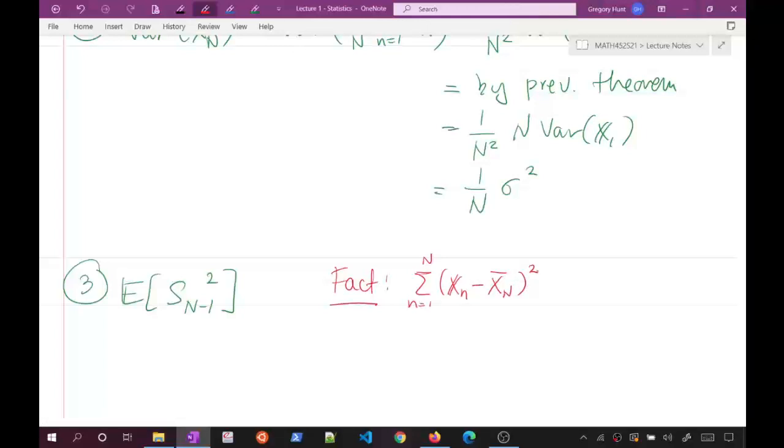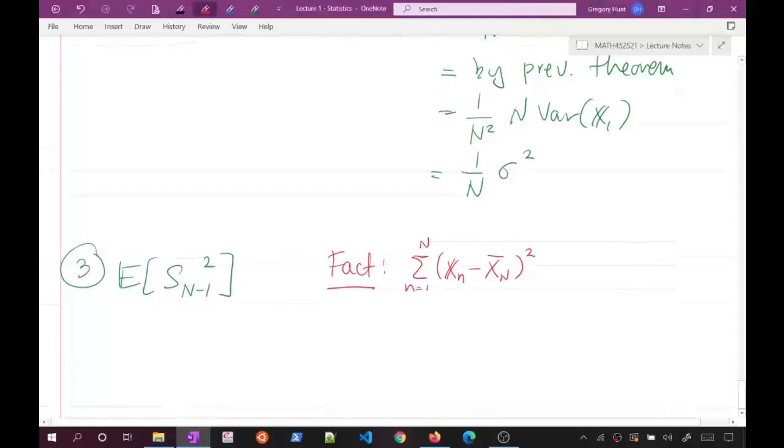If I divide this by n minus 1, that would be the sample variance. It turns out you can show, and this is purely algebra, that this is just the sum of the x n squareds minus n times x bar squared.